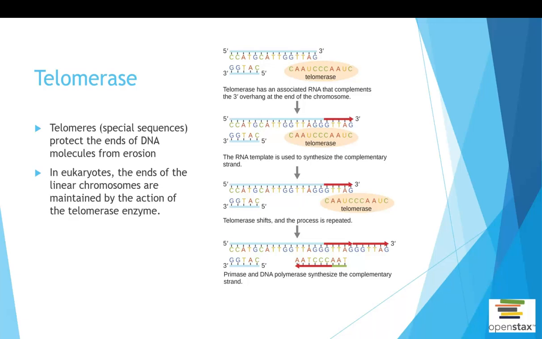With the help of the enzyme that we call telomerase, we can make sure that the ends of the linear chromosomes are maintained by the action of this enzyme, and we are not going to have a shorter DNA.